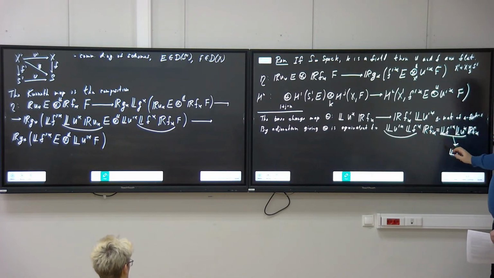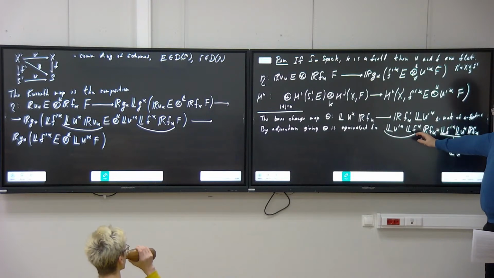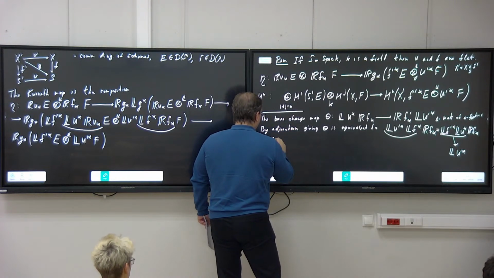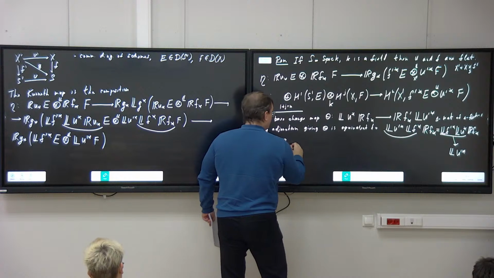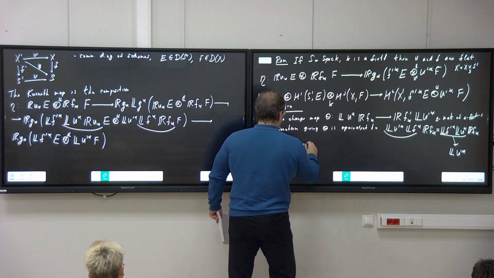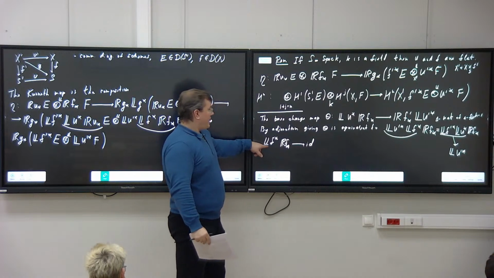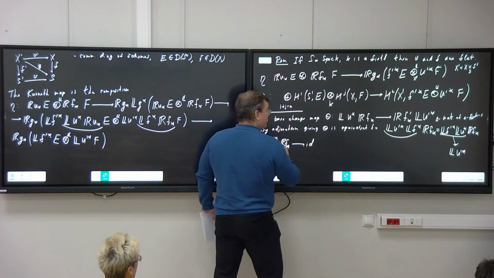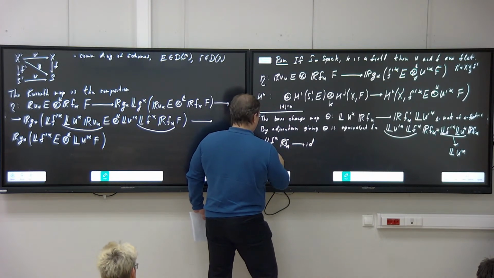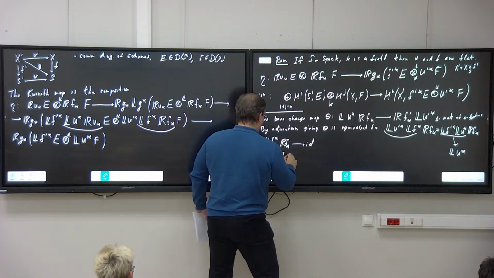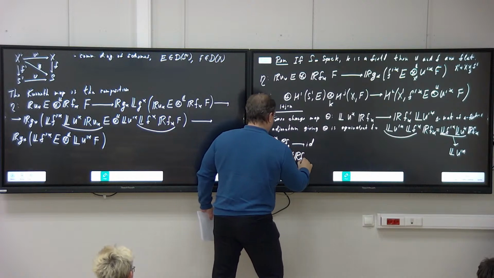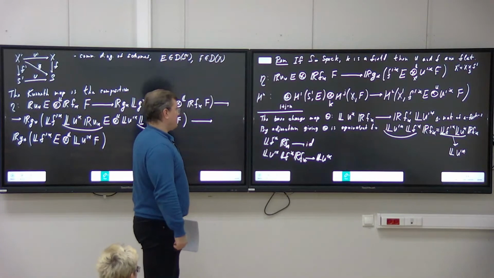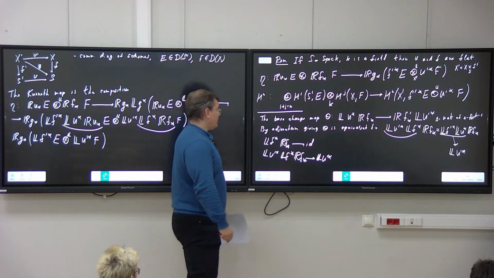But this map is easy to produce, because I have a map, which is again the counit of the adjunction. So this is a map to the identity. And then I take the composition with the derived pullback along the U prime, and then I get this map.